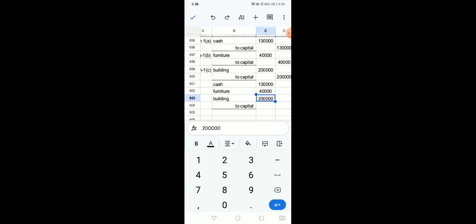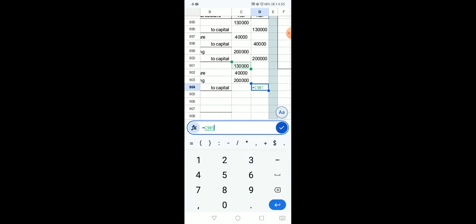Building was 2 lakh, and in total, 130,000 plus 40,000 plus 2 lakh, the total capital provided by the proprietor is 370,000. So you may write three entries in this way, or you may write a single entry this way. Both are correct. Whatever is comfortable for you, you may choose it and write accordingly.